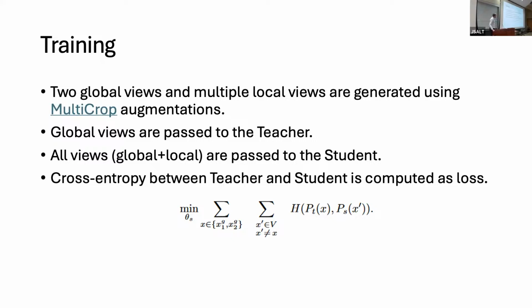So these global views are passed to the teacher, and all other views, even the global ones, are passed to the students. And then you just compute the cross entropy between the teacher and the student. So that's your loss.